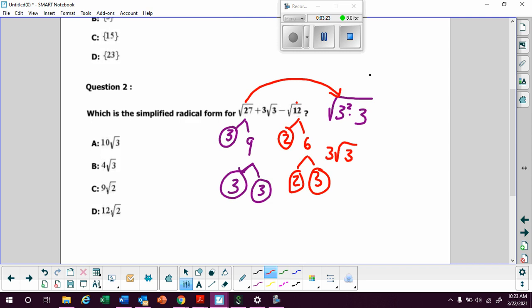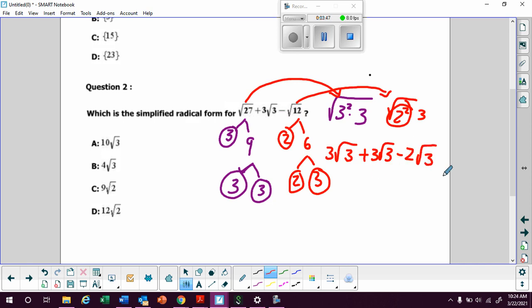And then the square root of 12 is going to be the square root of 2 squared times 3, right? So this can come out, right? And then I'll just leave what I have, plus 3 square root of 3, that's what is given, and then minus 2 square root of 3.